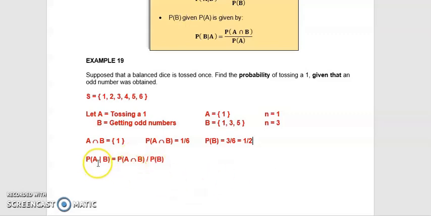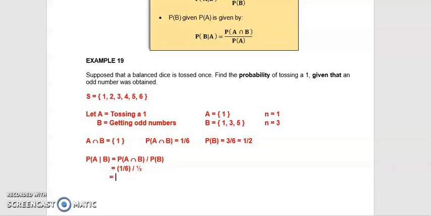Now how do we find probability of A given B? Substitute the values. The probability of A intersect B just now is 1 over 6, divided by the condition, which is the probability of B, which is 1 over 2.